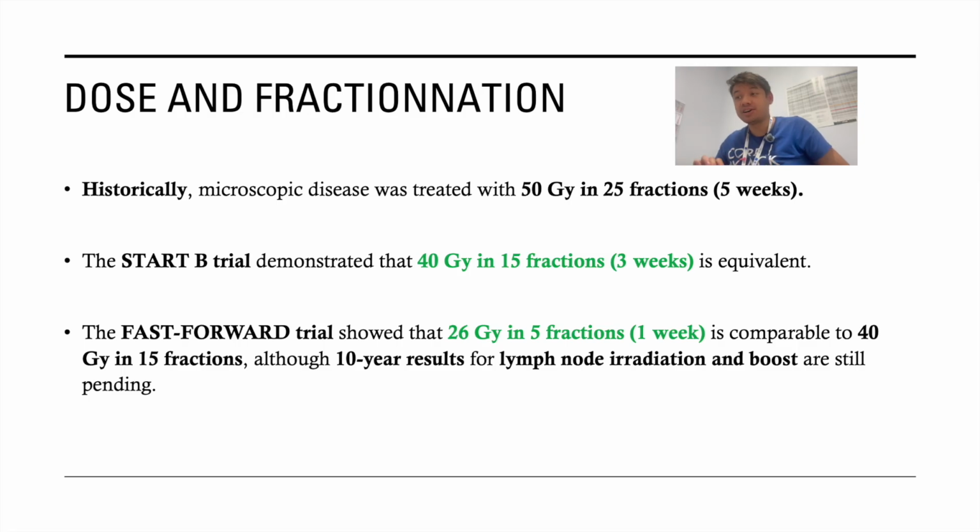More recently, the FAST-Forward trial demonstrated that an even shorter regimen, 26 gray in 5 fractions over 1 week, is comparable to the 3-week schedule. However, the 10-year results are still awaited, especially for the lymph node irradiation and the tumor bed boost.